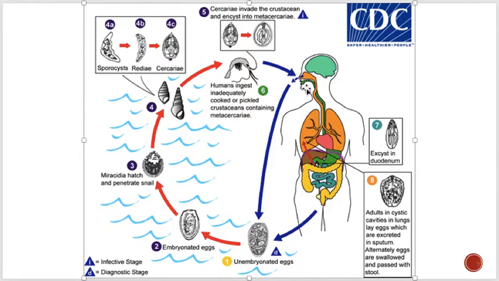It will go into the GIT. And what is happening in the duodenum, same story. There will be egg cyst, or you can say the larva is going to come out, right?